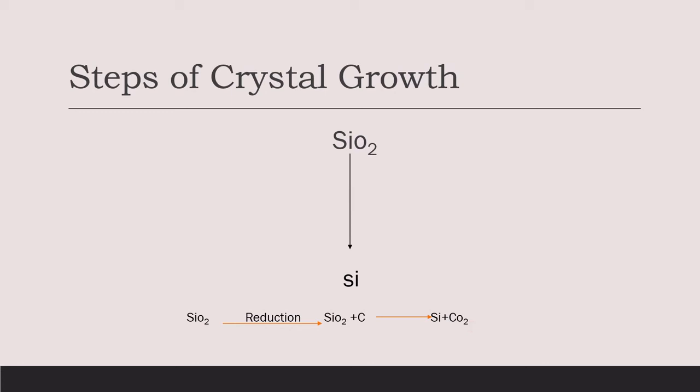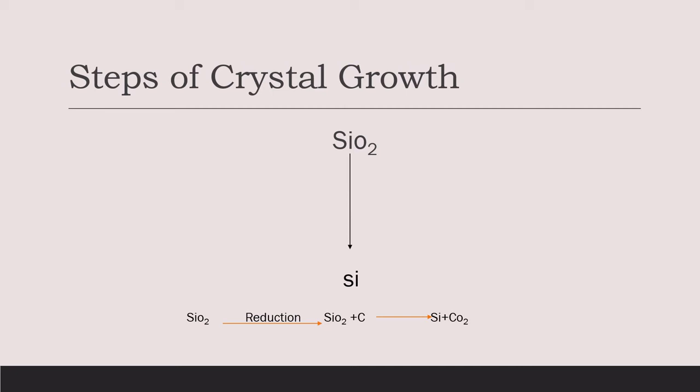Now that this polycrystalline silicon is available, one has to grow the crystal by a two-technique process. Then you can melt it and solidify it.